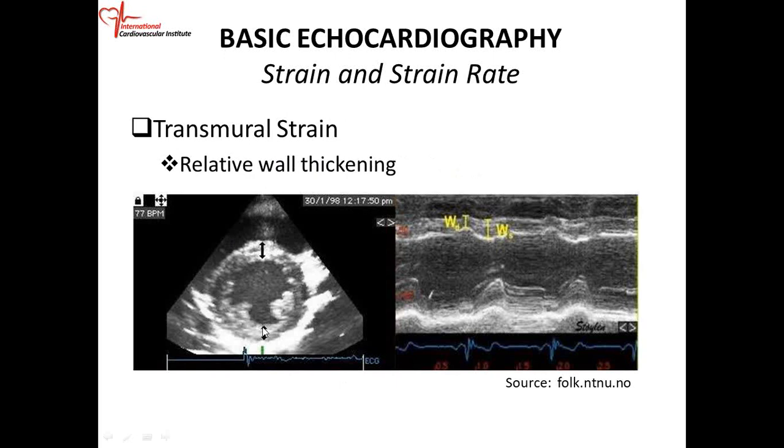So in diastole, you're going to have a certain thickness, but in systole, the thickness is going to increase. So when you plug that into your strain formula, you're going to get a positive number. So that's why we say radial strain is a positive number.